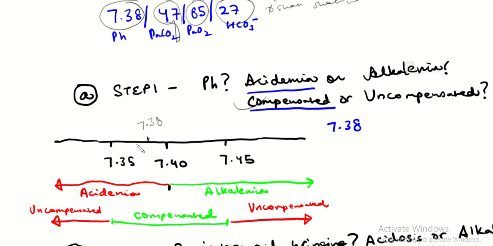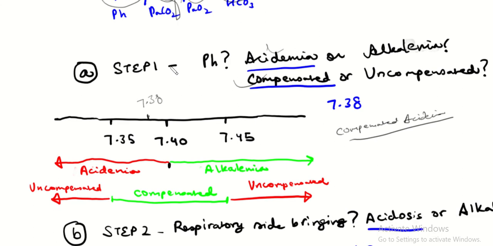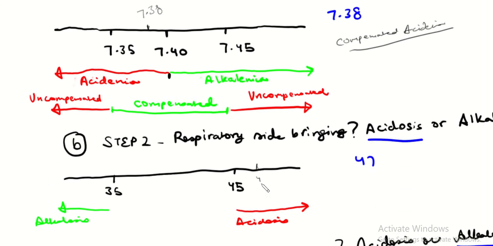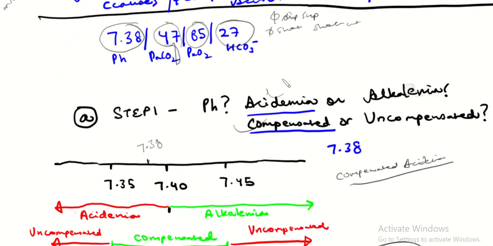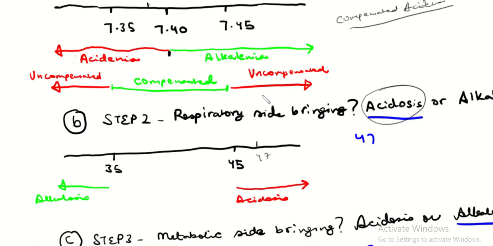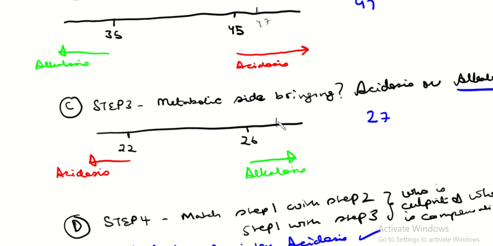Yes. Is it acid? Yes. This is compensated acidemia. PaCO2 of 47 is above 45. Acidosis. Bicarb of 27. So this is bringing what? Alkalosis.